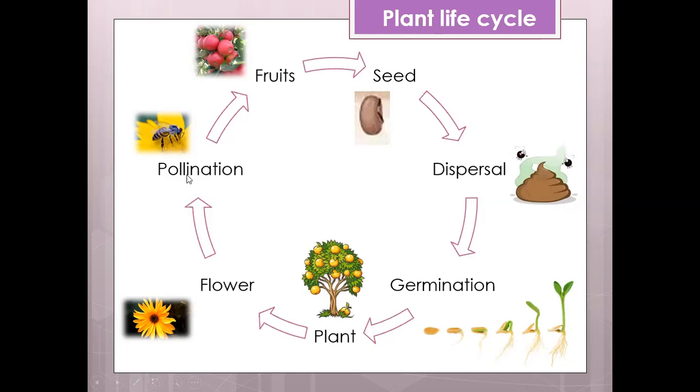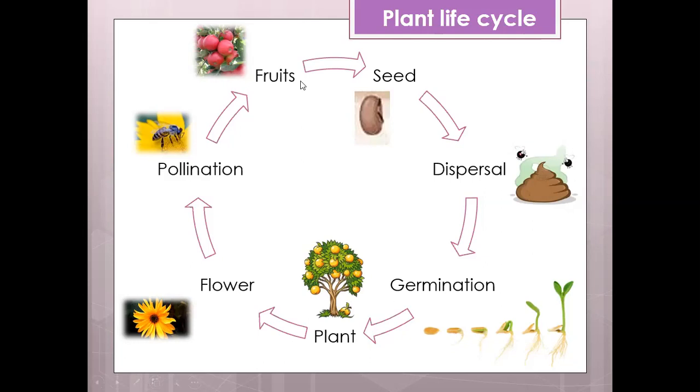Pollination is the movement of the pollen from the male part to the female part to stick to the egg to form the seed, either by wind or by animals like bees, bats, and hummingbirds. After the pollination happens, the fruits will be holding the seeds.